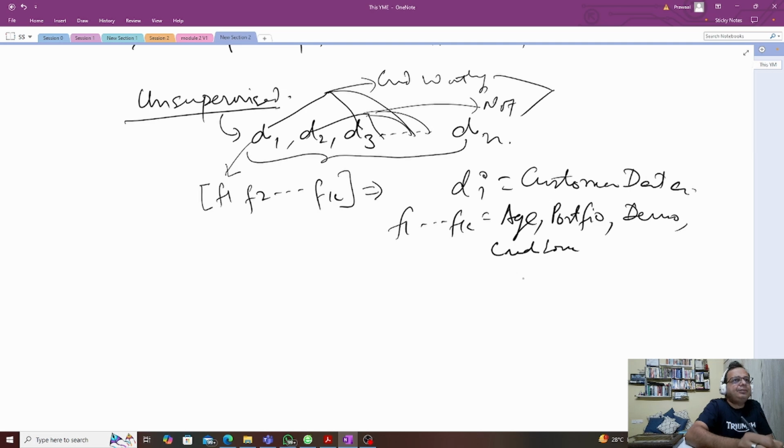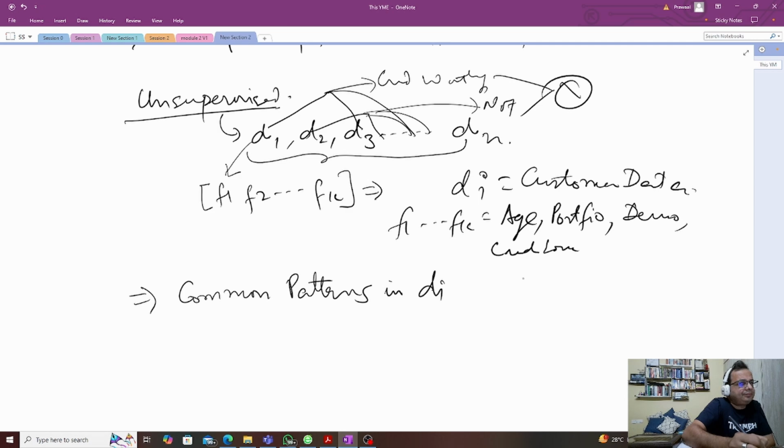So that information is not available in the case of unsupervised learning. So in unsupervised learning, we use all these data points and we try to find some of the common patterns in data.